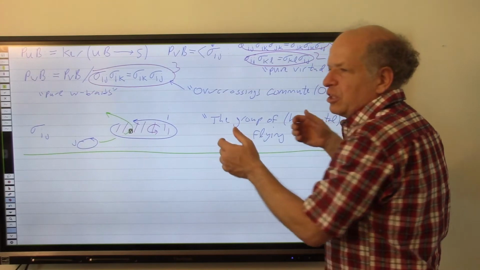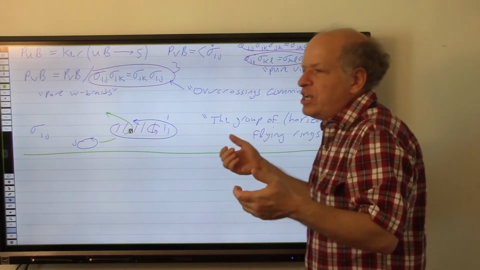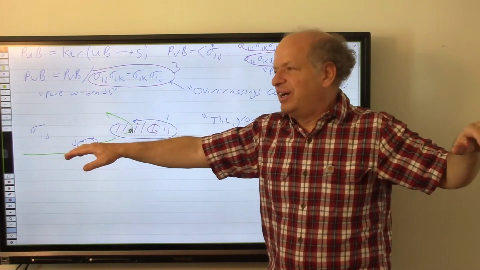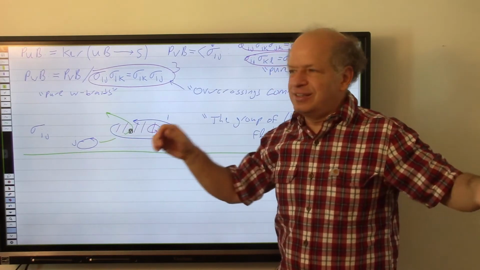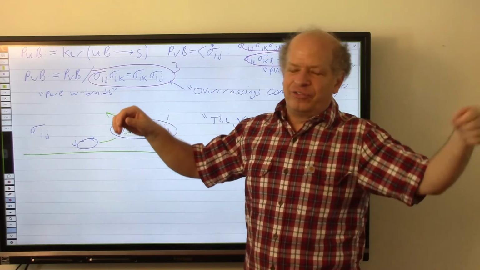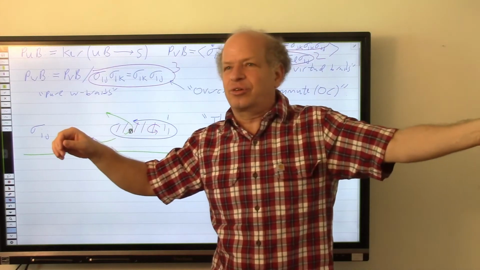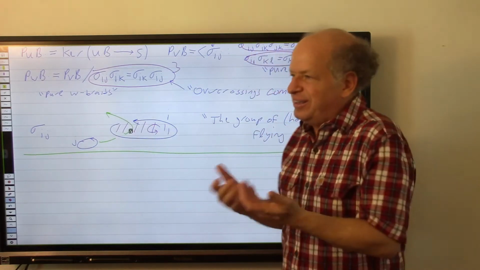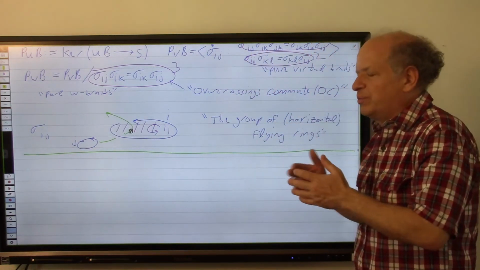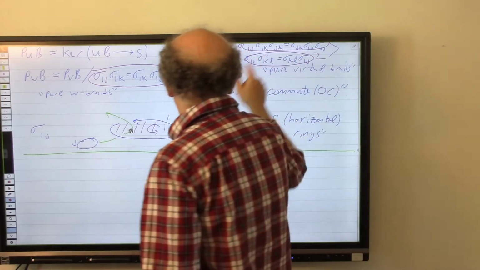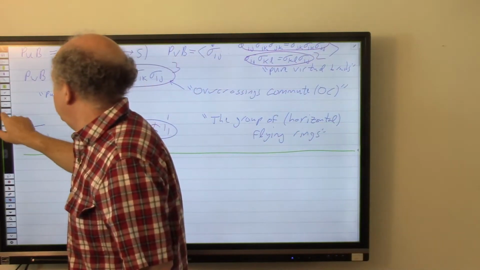Basically it means you have 4 rings and they're far away from each other, and the relation says that it doesn't matter whether the one on the left flies through that one or this one through that one. It doesn't matter which two. So let's do the other 2 relations.